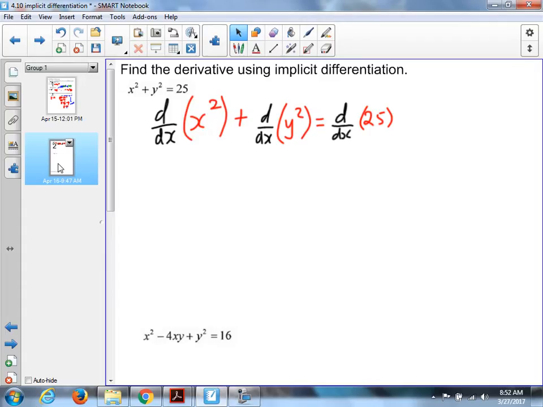Now, I'll pause for a second here because there's some danger with doing this. While you write that down. Remember, you got to distribute the operator d by dx, the derivative operator, as if it's like multiplication. If I said multiply both sides by 2, you'd be able to say 2x squared, 2y squared, 50, right?